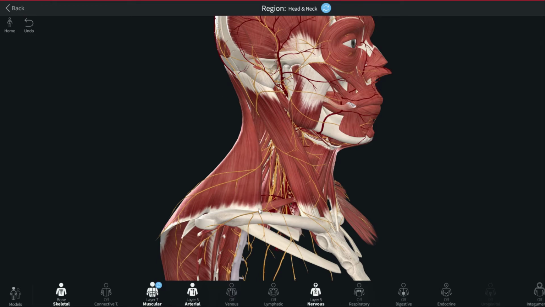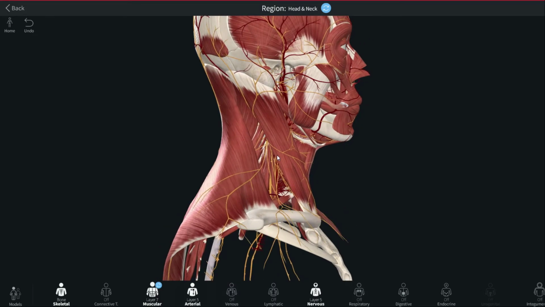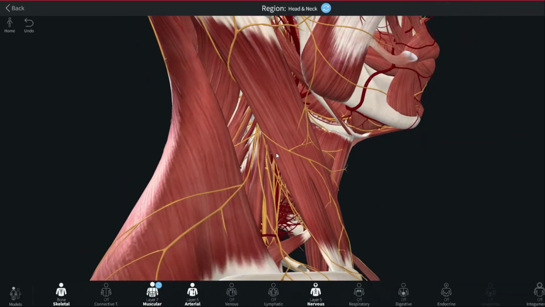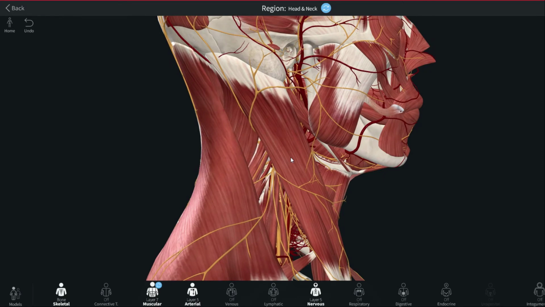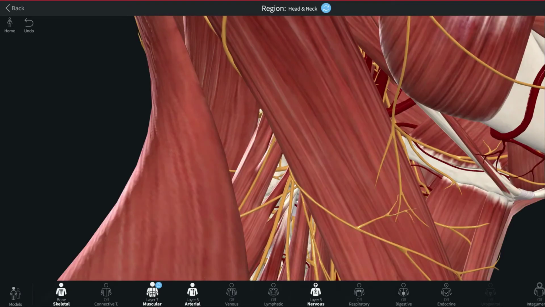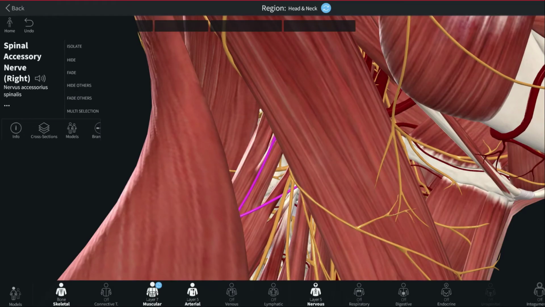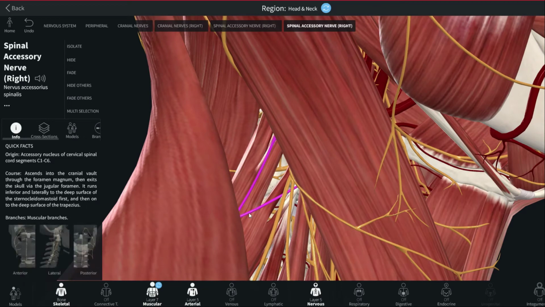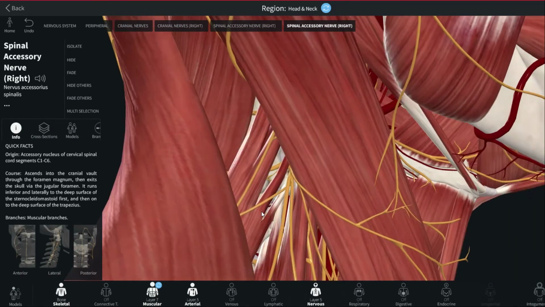So we first talk about the contents of the occipital triangle. The most important content in the occipital triangle is undoubtedly the spinal accessory nerve. So this over here is the spinal accessory nerve.